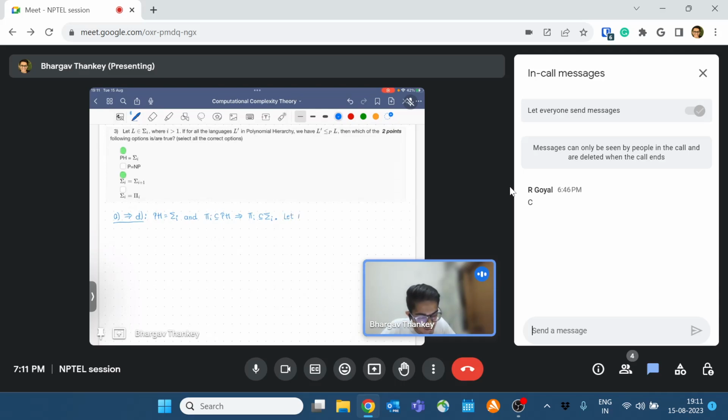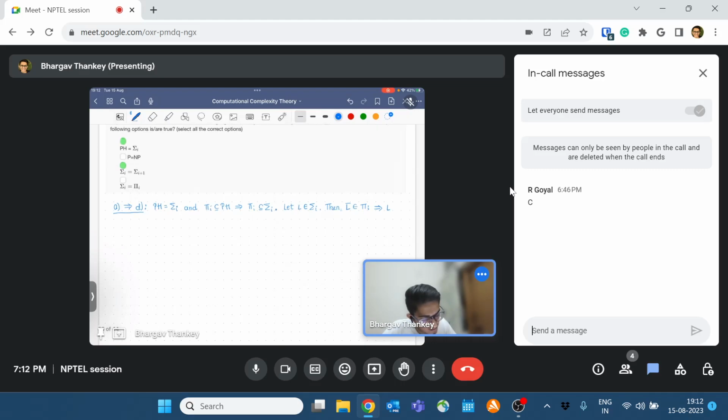The way to do it is this: let L be in Sigma I, then L complement is in Pi I, right? Then L complement is in Pi I, which implies L complement is in Sigma I. Why?